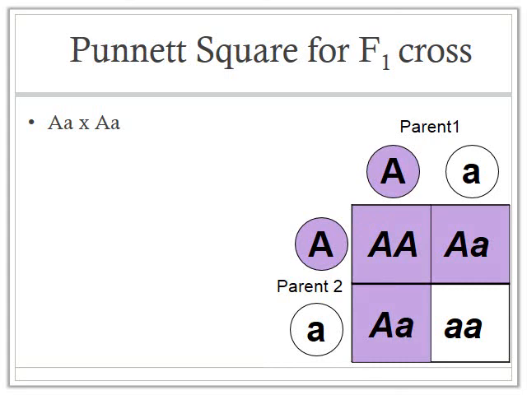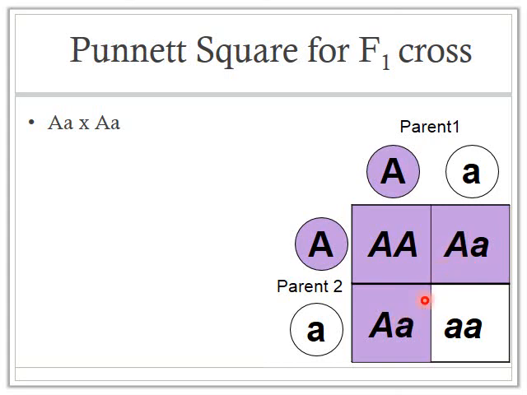When we look at the phenotype, you can see that 3 of the 4 are going to be purple. So 75% of the offspring is going to be purple because big A, that's the only option you have, is purple. And these two are heterozygous, and the big A is going to mask the little a. So the big A is purple, and it's going to mask.